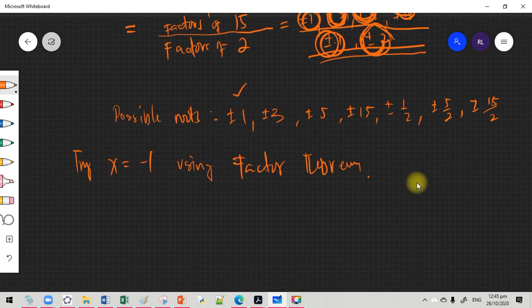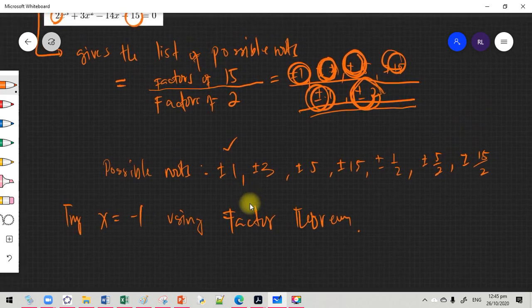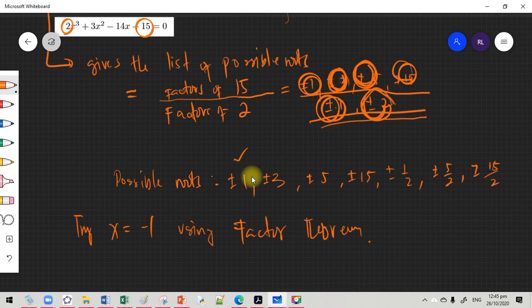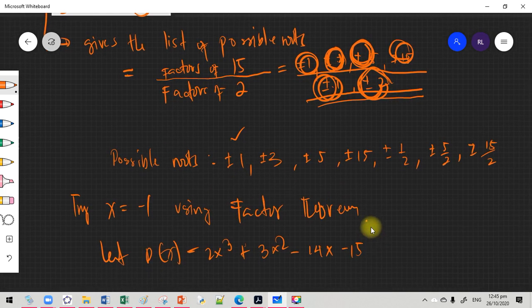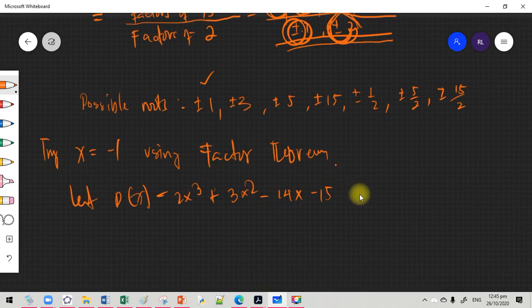If the remainder is 0, therefore this is a root. So let p of x be 2x cubed plus 3x squared minus 14x minus 15. If that is 0, then that's the root.